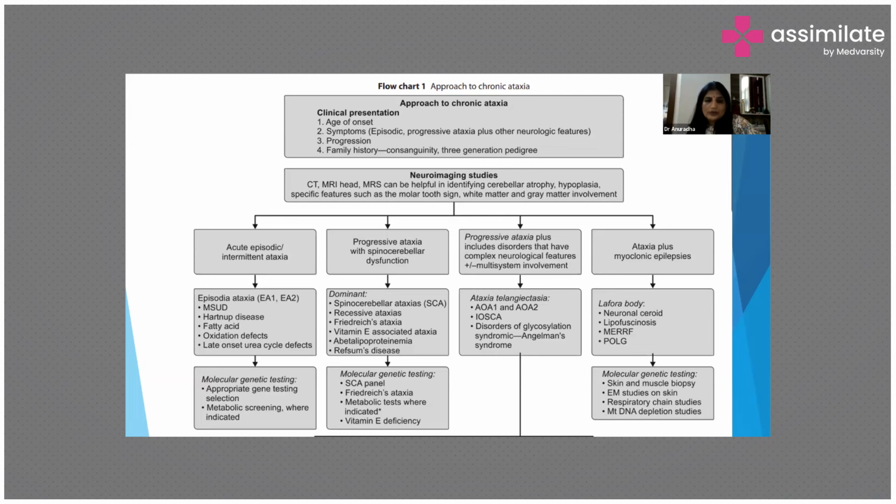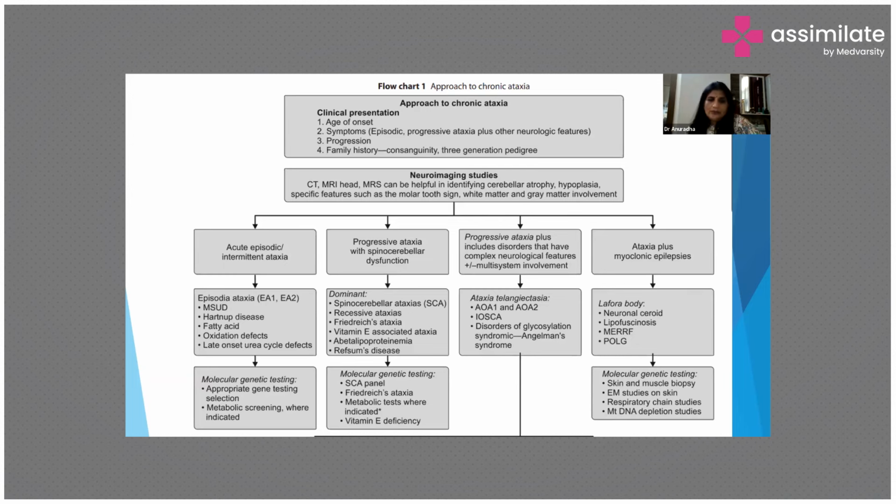Then you see whether it is acute episodic ataxia, or progressive ataxia with spinocerebellar involvement, or progressive ataxia including disorders that have complex neurological features and ataxia with myoclonic episodes. So you go with the rare investigations and you can diagnose many things.